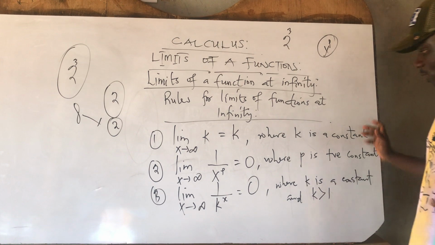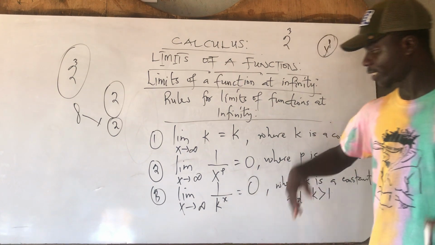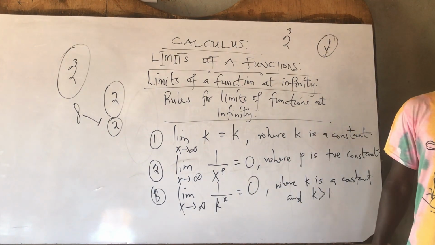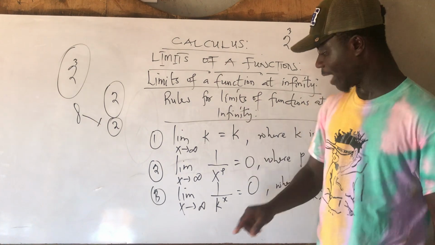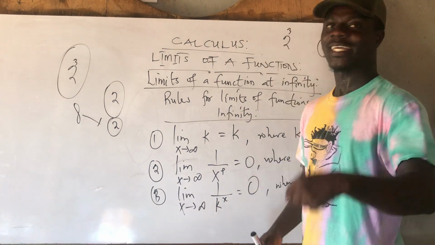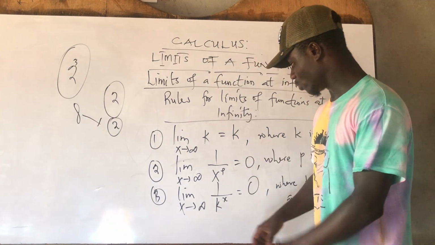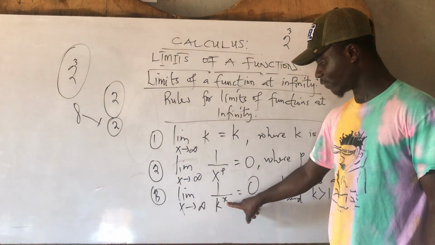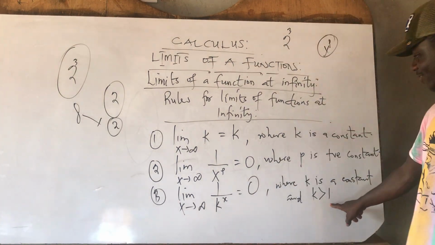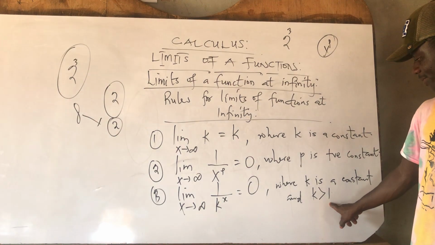Where k is a constant and k must be greater than what? 1. Now, I've told you that this infinity is a larger number, a larger value. So when you plug in this infinity here, and when k is greater than 1.